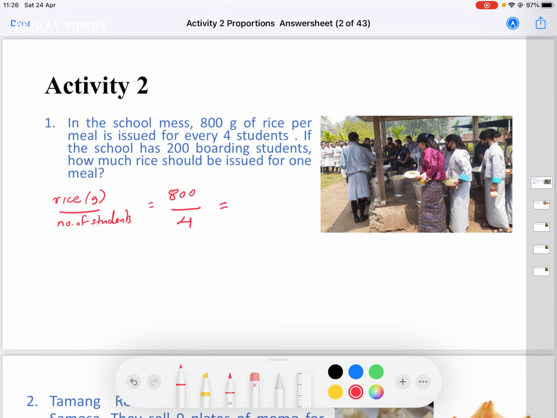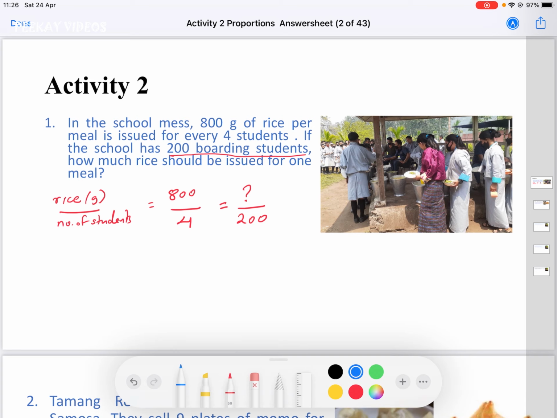Now, in the second term, what is missing? For 200 boarding students, we have to find how much gram of rice is given. So how much gram of rice is given if there are 200 students?